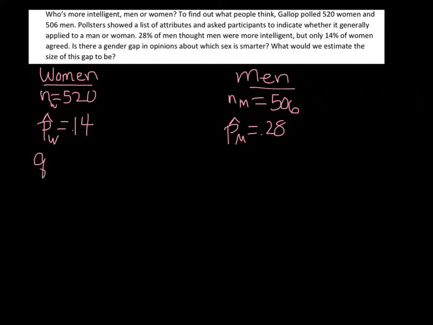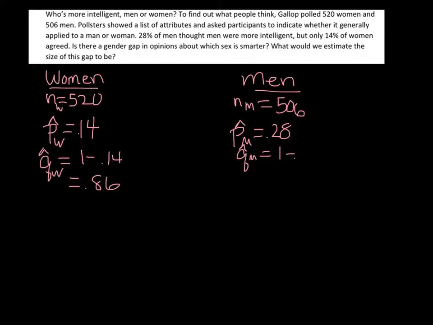Then the next thing you're going to do, you have to find your q hats for both. So now we have all of these values that we need.